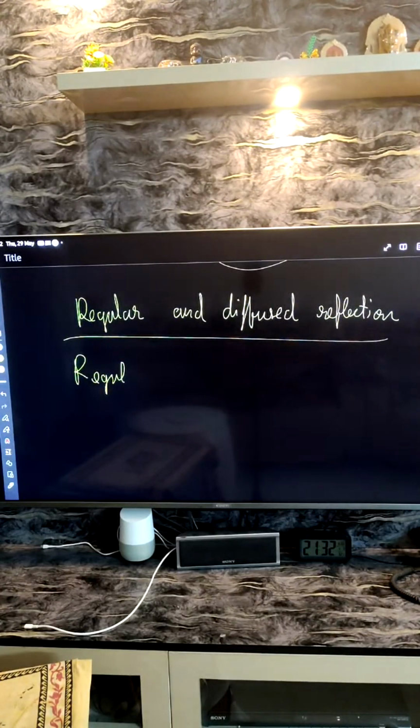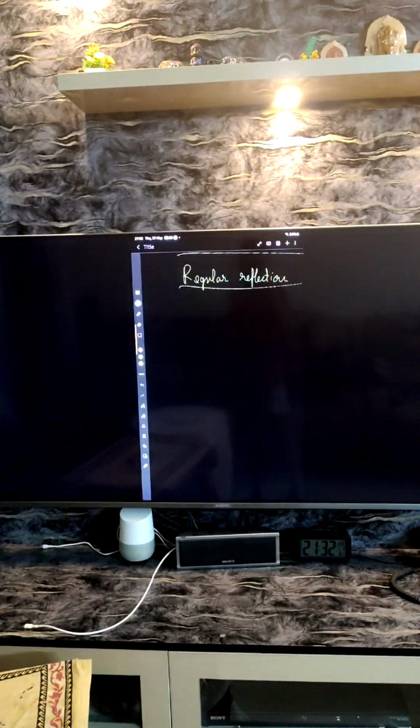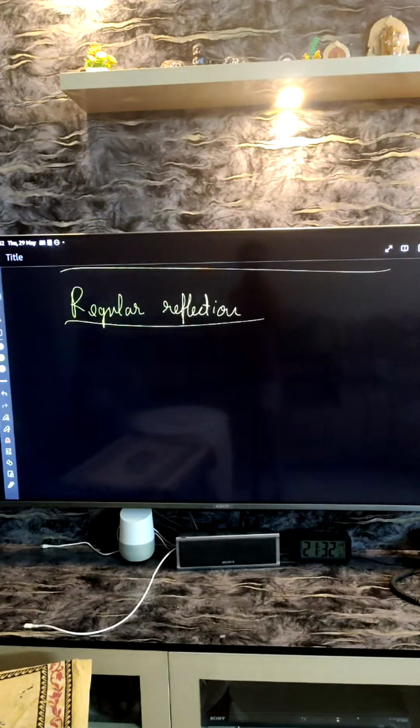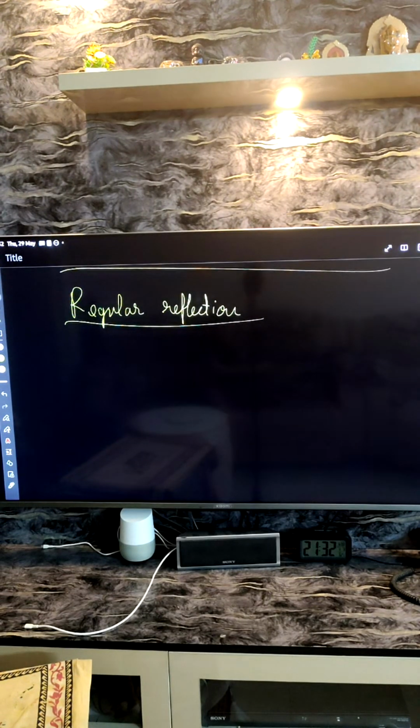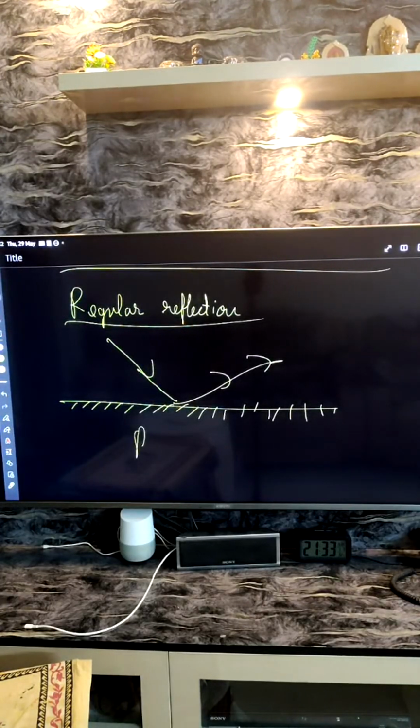In regular reflection, all the light falls on a polished surface, and when the surface is so smooth, the entire beam gets reflected only in one direction. And this is called regular reflection.